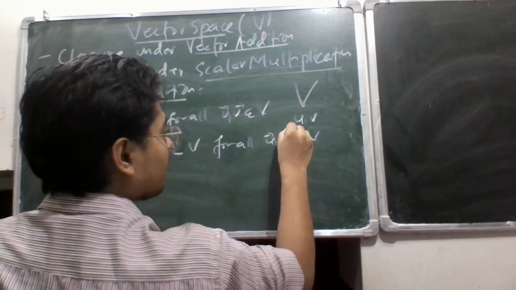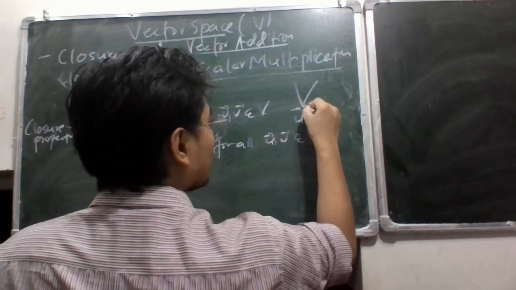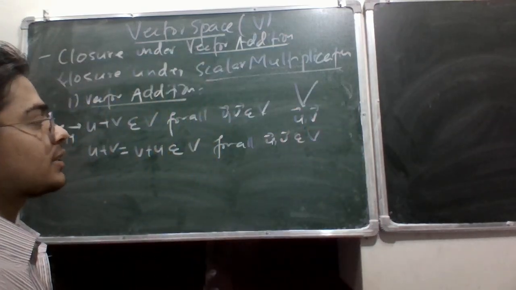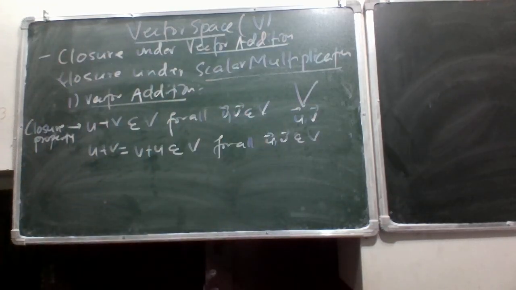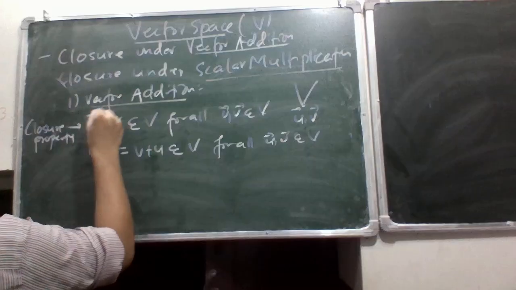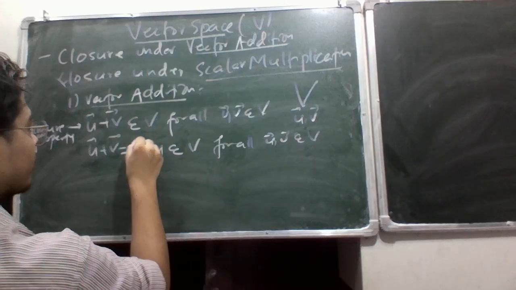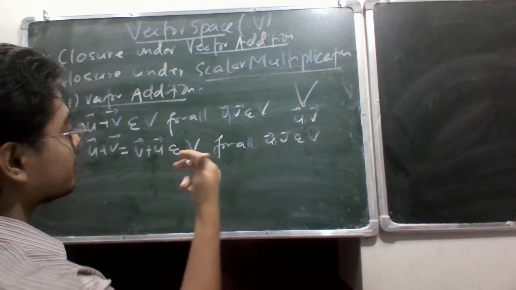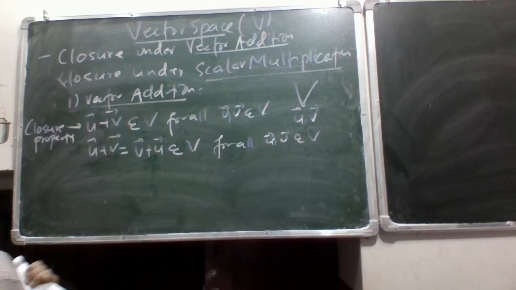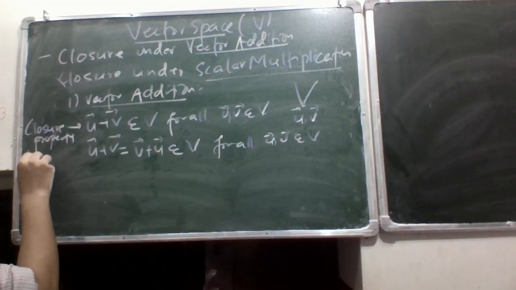For more unambiguous denotation, I would like to use vector arrowhead to suggest that these are actually vectors, but I'm not going to use that on top of vector space. Okay. Now this is called commutative property.